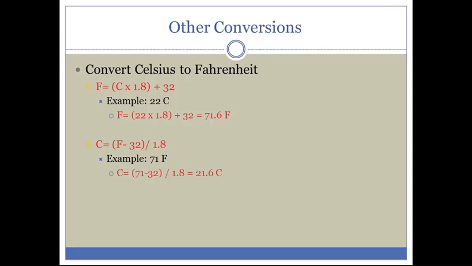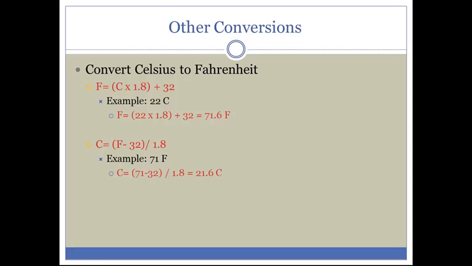Other conversions. So, temperature conversions. We have Fahrenheit equals Celsius times 1.8 plus 32. So for example, if we have 22 degrees Celsius, you will put the 22 where the C was in the equation, and then times out what is in parentheses first, and then add the 32, which will give you 71.6 degrees Fahrenheit.